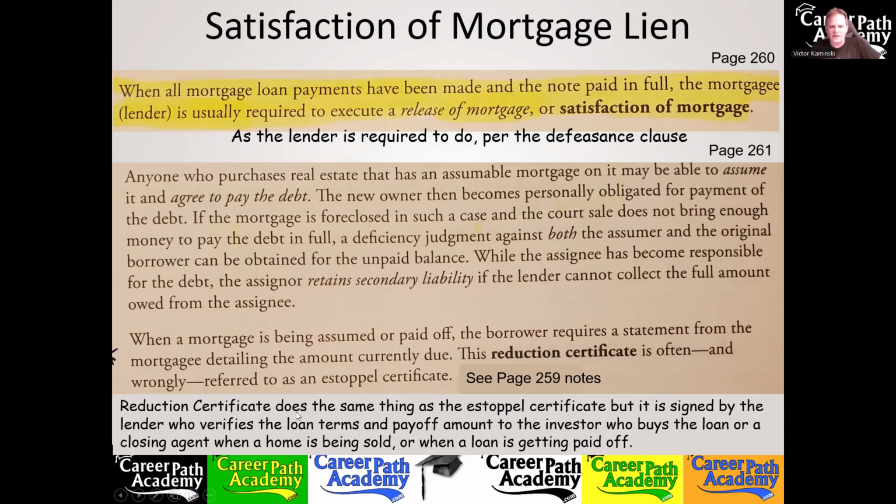And a reduction certificate does the same thing as an estoppel certificate, but it's signed by the lender who verifies the terms and the payoff amount to the investor who buys the loan or the closing agent when a home is being sold or when a loan is getting paid off. So you write that underneath reduction certificate on page 261.